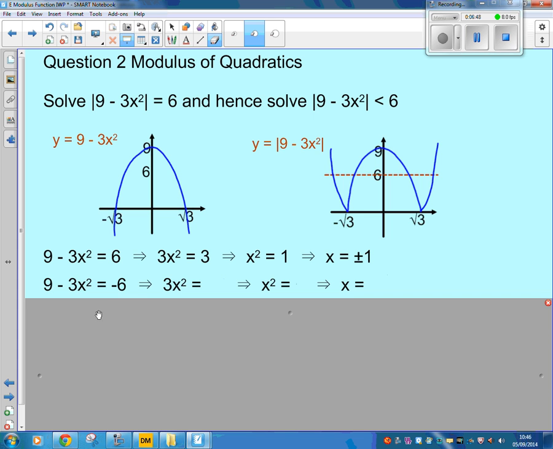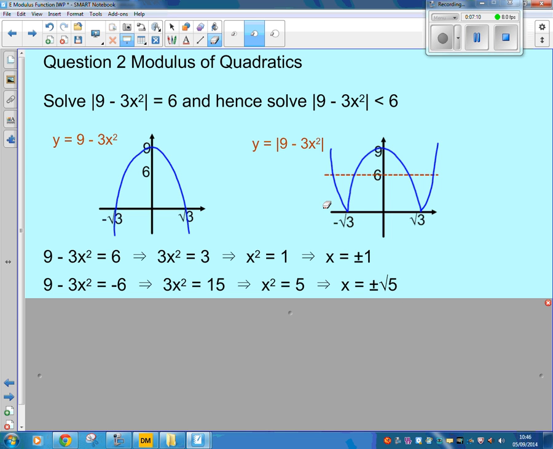And that gives me that it is now 9. The minus 3x squared, if I make it over here, is 3x squared, but it's going to be 9 minus minus 6, 9 plus 6. So you actually get 3x squared is 15. 9 plus 6, x squared is 5, and that gives you that x is plus or minus root 5.